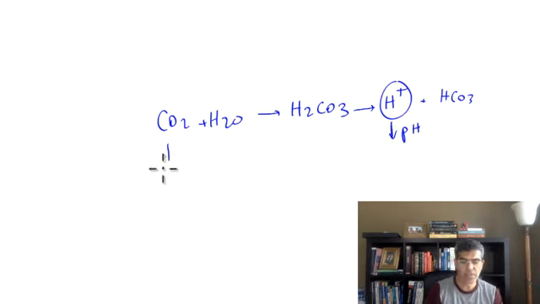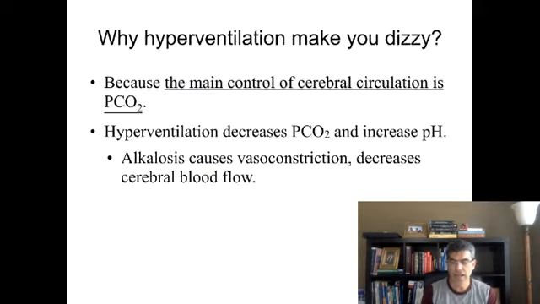If your CO2 goes down, that means you don't have enough H. That means your pH is going to go up, becomes alkaline. You should understand that alkalosis, when pH goes up, is going to cause vasoconstriction. So the main reason that when you hyperventilate, you're going to have constriction of the vessels is because of alkalosis. On the other hand, if you have acidosis, then your vessels are going to open up.